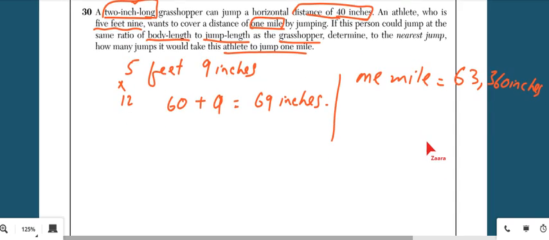So let's take the ratio for the grasshopper, which is body length to jump length. A ratio B, A to B. That means 2 over 40. This is for the grasshopper. Clear?